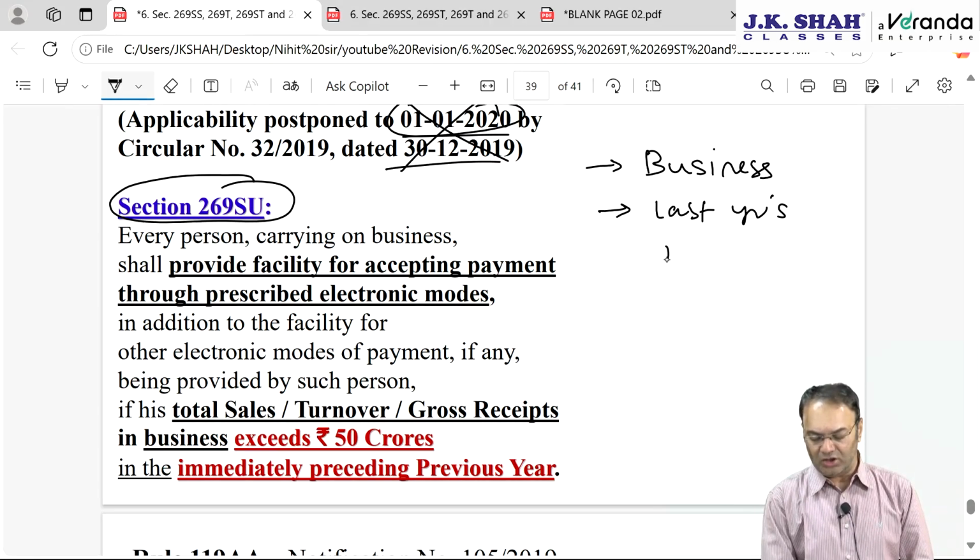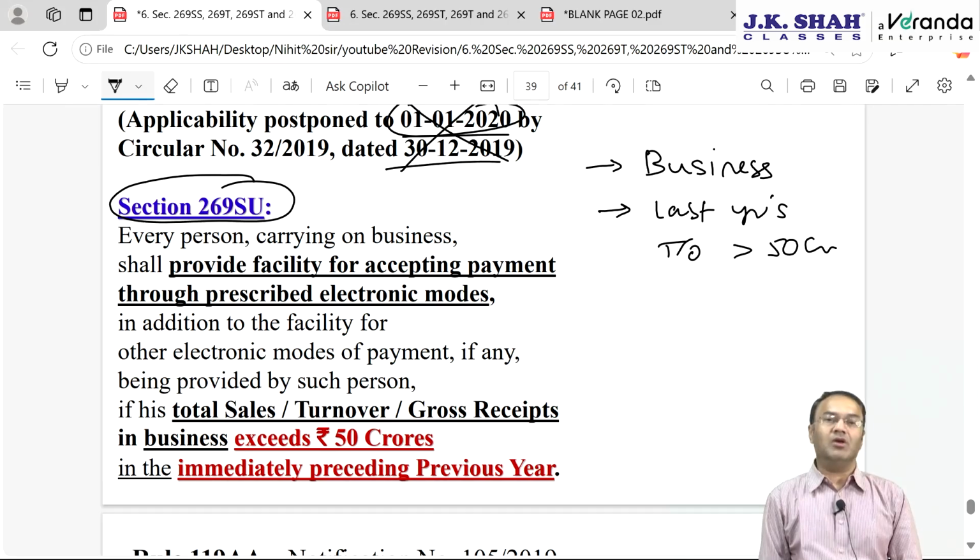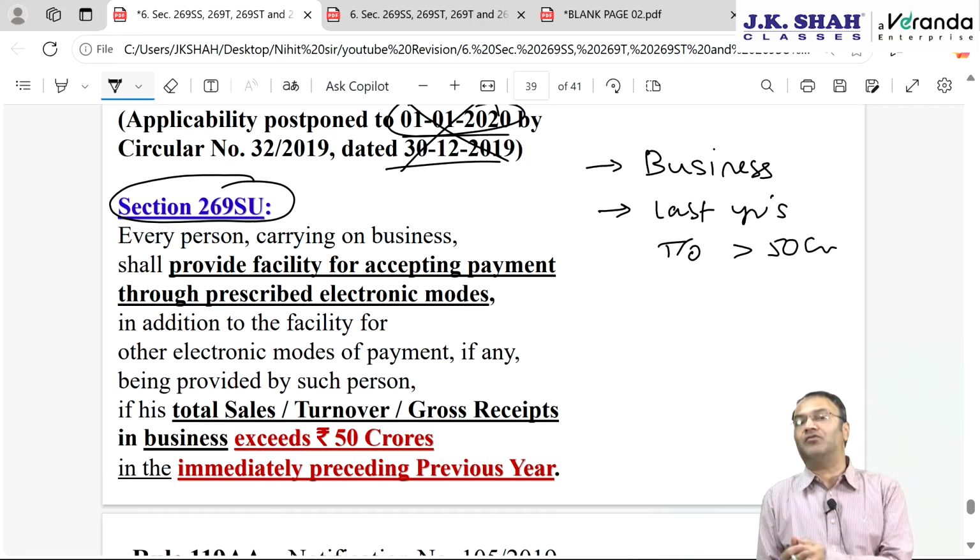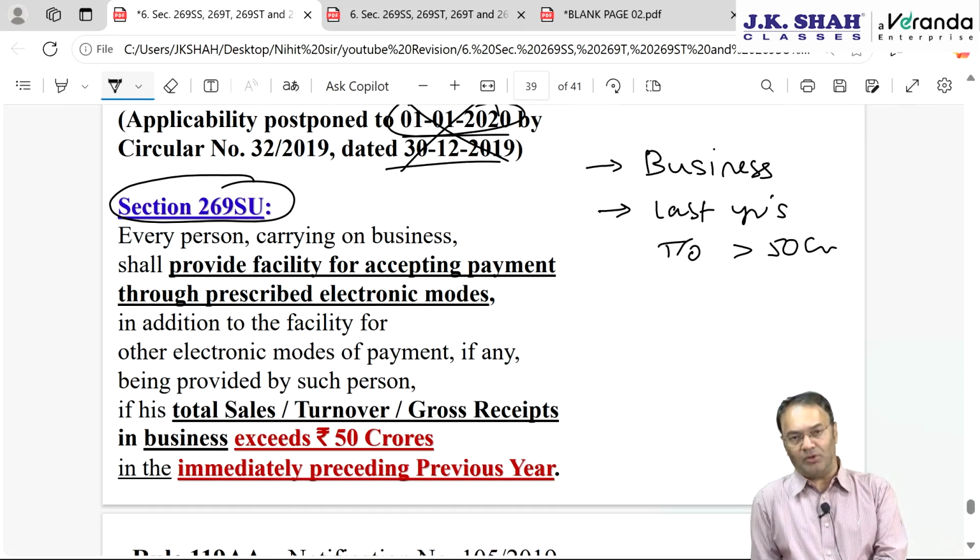Last year's turnover, sales, gross receipt exceeded 50 crore. Then that person will have to offer to his customers one facility for payment, that now customers can pay apart from paying by account payee cheque, account payee draft, ECS through bank or prescribed electronic mode.